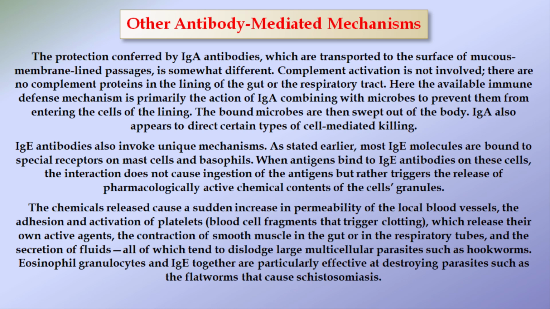The chemicals released cause a sudden increase in permeability of the local blood vessels, the adhesion and activation of platelets, blood cell fragments that trigger clotting, which release their own active agents, the contraction of smooth muscle in the gut or in the respiratory tubes, and the secretion of fluids, all of which tend to dislodge large multicellular parasites such as hookworms. Eosinophil granulocytes and IgE together are particularly effective at destroying parasites such as the flatworms that cause schistosomiasis.